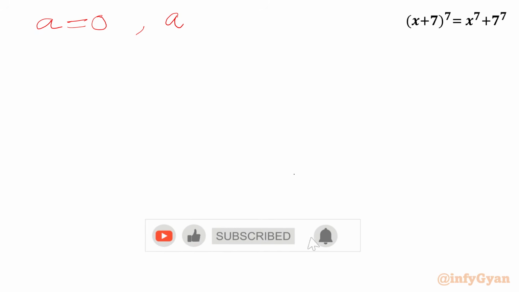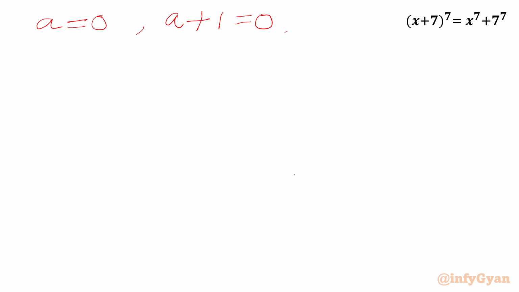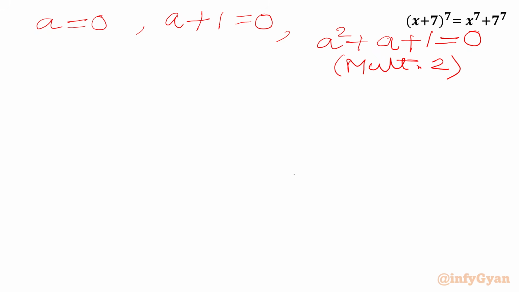I will write a plus 1 equal to 0. And I will write a square plus a plus 1 equal to 0 with multiplicity 2. So from this quadratic we will get 2 roots. It is repetitive, so there must be 4 roots.